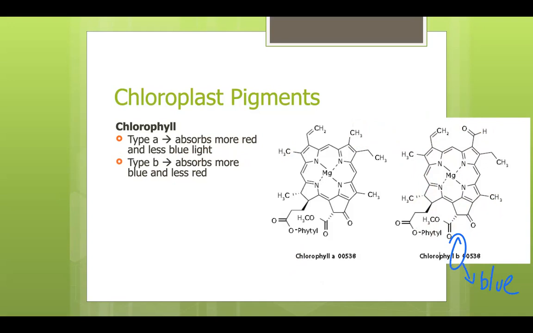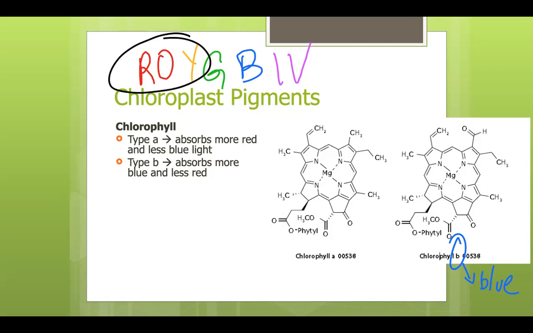So together, they're going to absorb a lot of red and a lot of blue, which are on opposite ends of that spectrum. So again, we got red, orange, yellow, green, blue, and then I'll just do indigo violet. So you've got chlorophyll A, which absorbs that end.